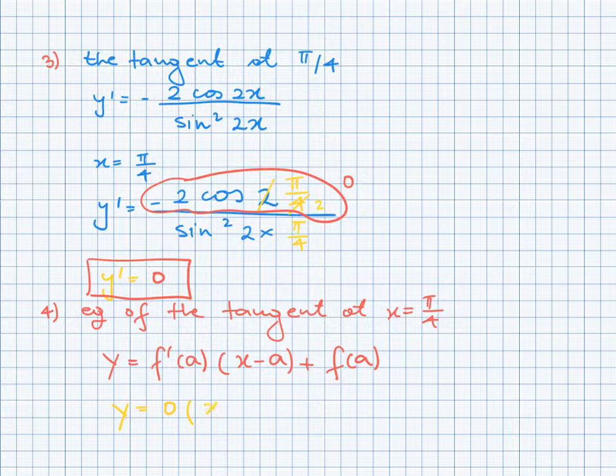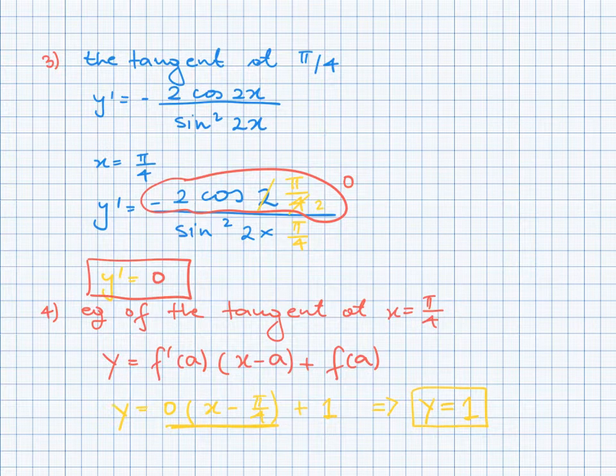And x take away pi over 4, and plus f of a. f of a is 1, so plus 1. All of this is going to be equal to 0. Therefore, the equation of the tangent at x equal to pi over 4 is y equal to 1.